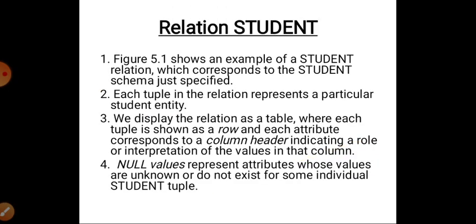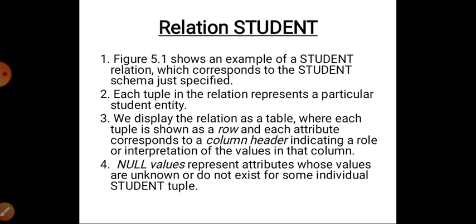Relation STUDENT. Figure 5.1 shows an example of a STUDENT relation which corresponds to the STUDENT schema just specified. Each tuple in the relation represents a particular student entity. Point number 3.